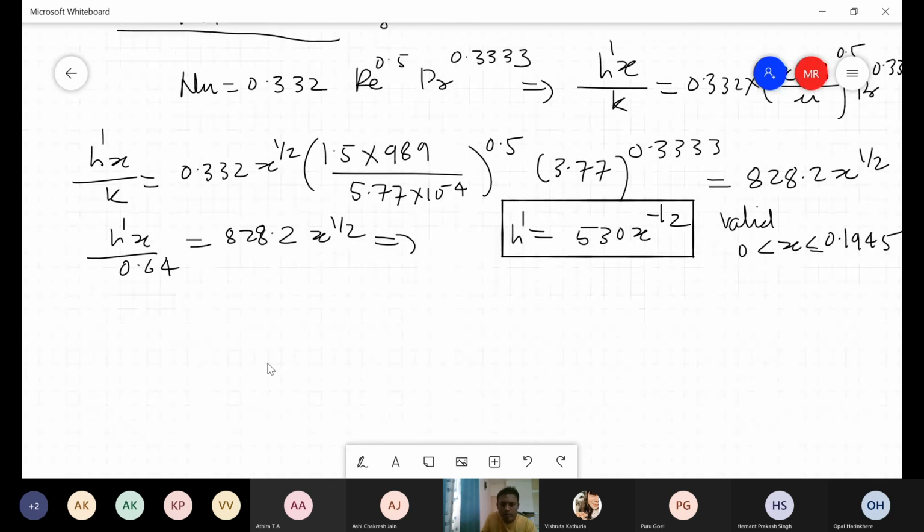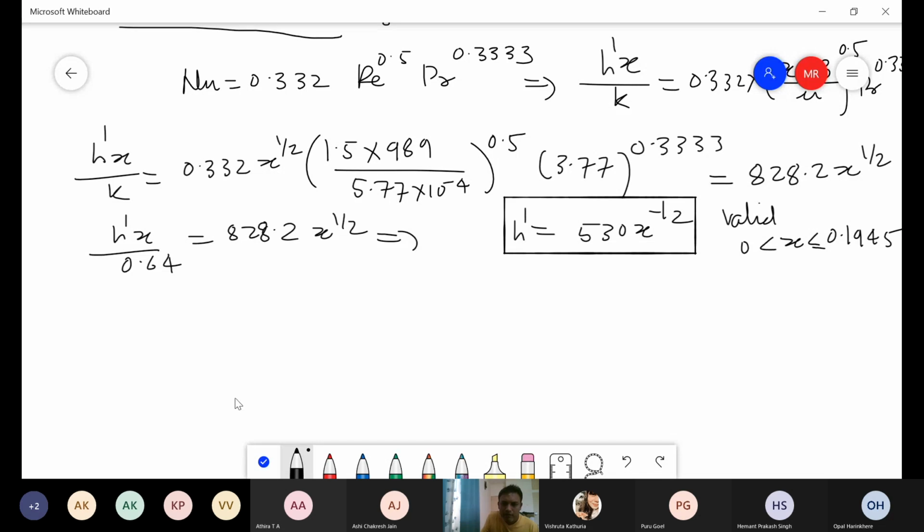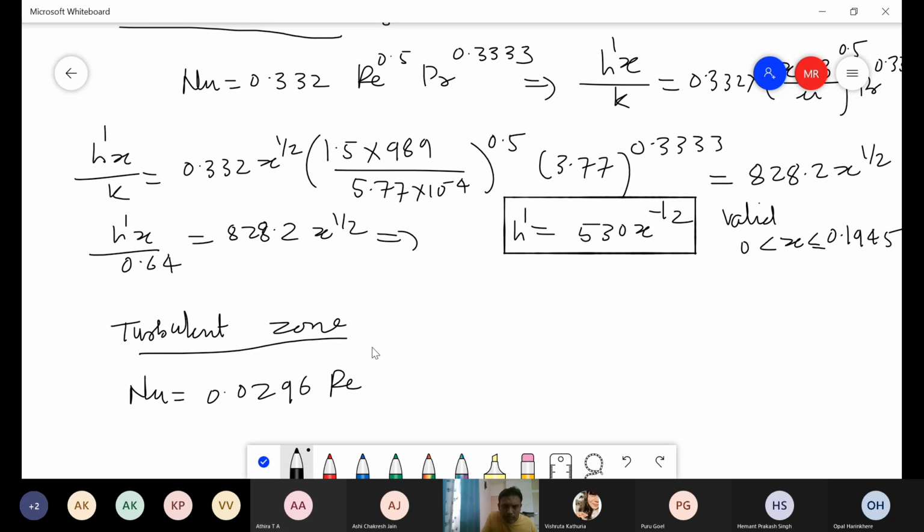Similarly, the local heat transfer coefficient in the turbulent zone we can calculate. Okay, just wait. So in the turbulent zone, again the correlation given was the Nusselt number is given as 0.0296 Reynolds number raised to the power 0.8 into Prandtl number raised to the power 0.333.